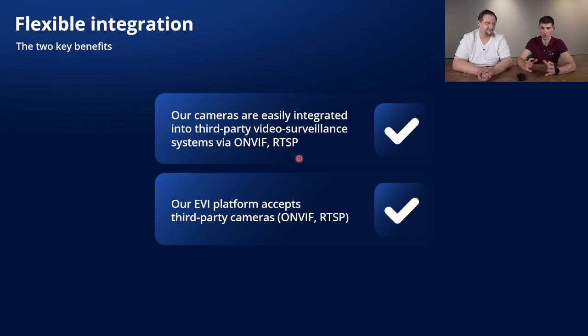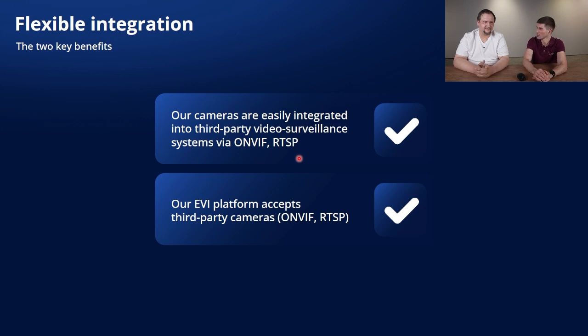We also have our own proprietary protocol for a little bit more advanced stuff, but I'm not going to go into this at this point. But the idea here is that the Eltex cameras and NVRs and Eltex software are interoperable, which means that not only can you use third-party equipment with the EVI platform, you can also use Eltex cameras with third-party software or third-party NVRs.